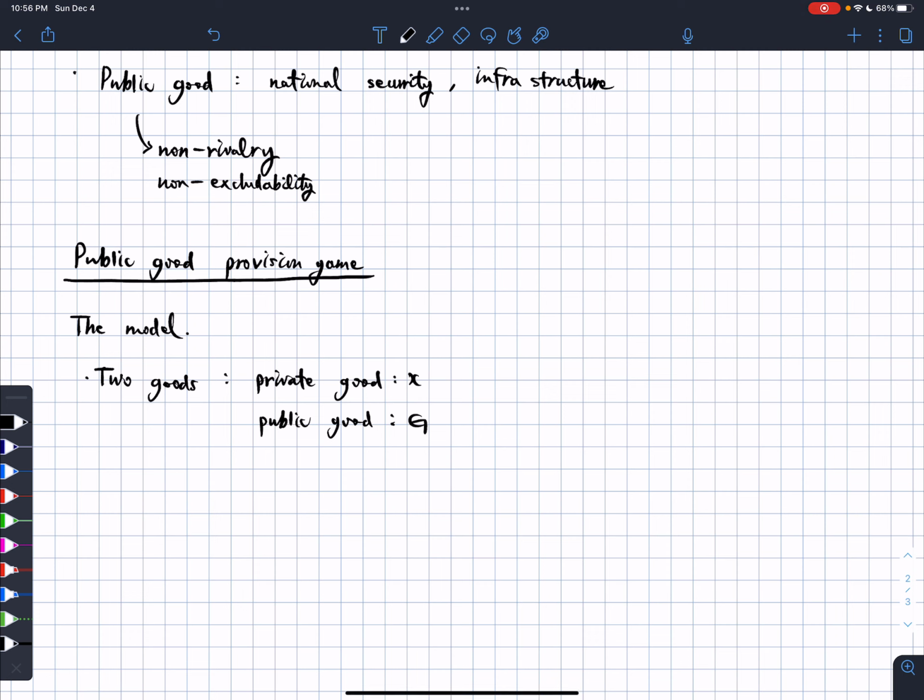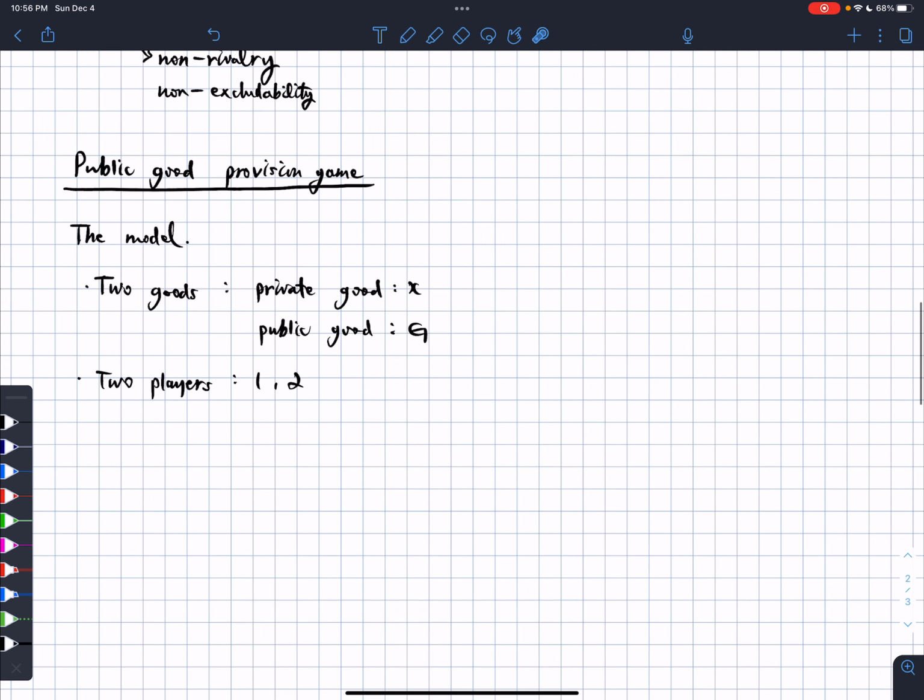And the amount of the public good is big G, right? And there are two players, 1 and 2. And again, this is just to simplify our model. The results we will derive in the end will actually hold even if there are more players than just 2.